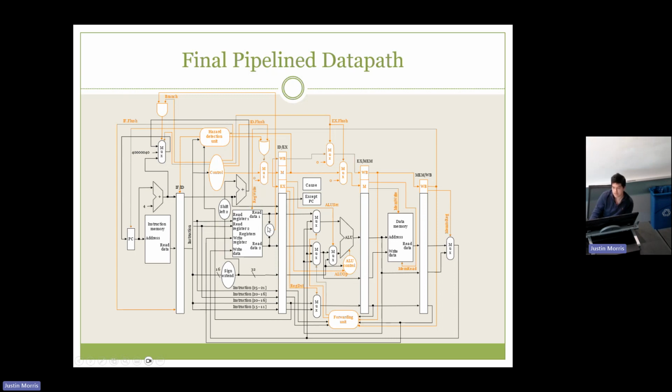If it's asking you for the outputs of the register file, it's not asking you for the register number. It's asking you for the register data. Same thing if it's asking for inputs or outputs of the ALU. If it says, what is the first input to the ALU? We're not asking, is it RS or RT? We're asking, what is the data, right?